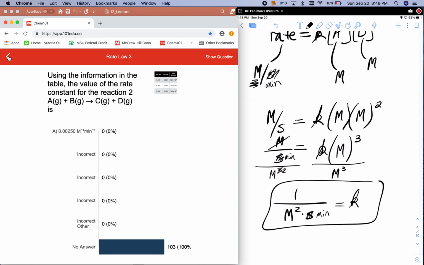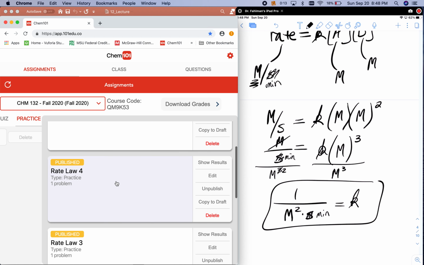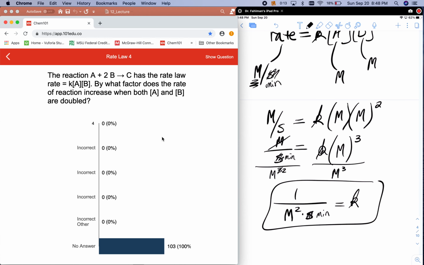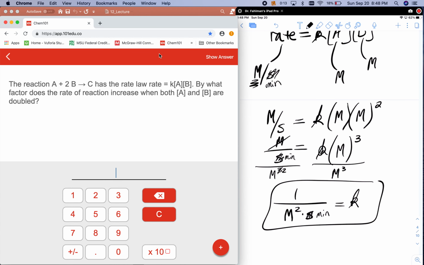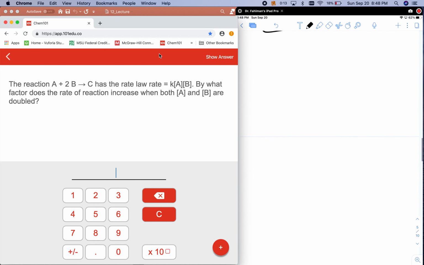All right, so that was rate law 3. Rate law 4. Here you are told what the rate law is. By what factor does the rate of the reaction increase when both A and B are doubled?